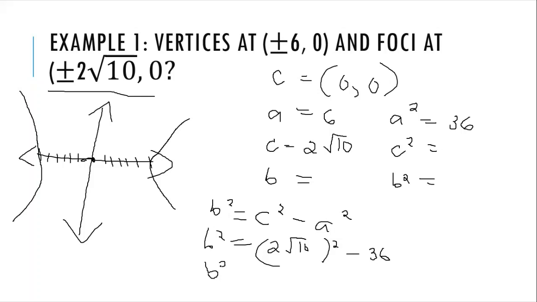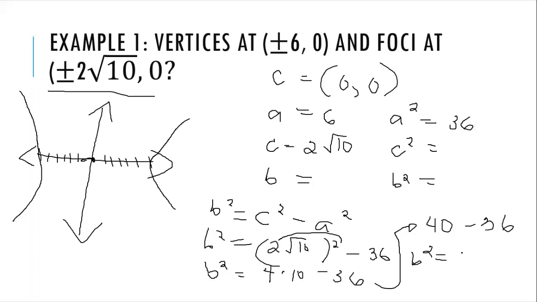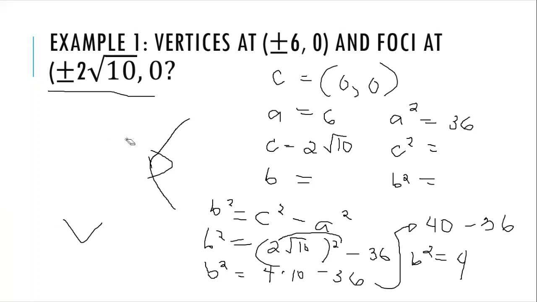So we have b squared equals 2 squared times square root of 10 squared, which is 4 times 10, we have 40, and then minus 36. So b squared po natin is 4.